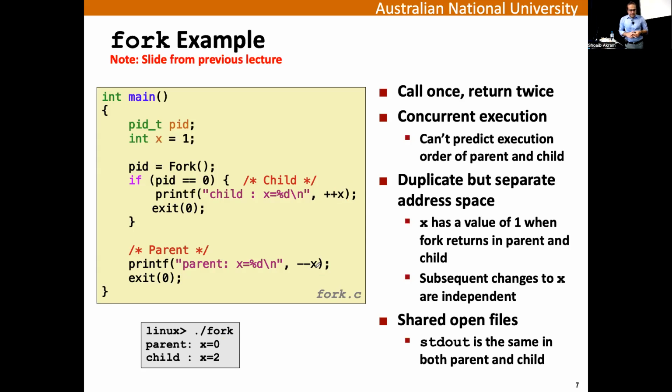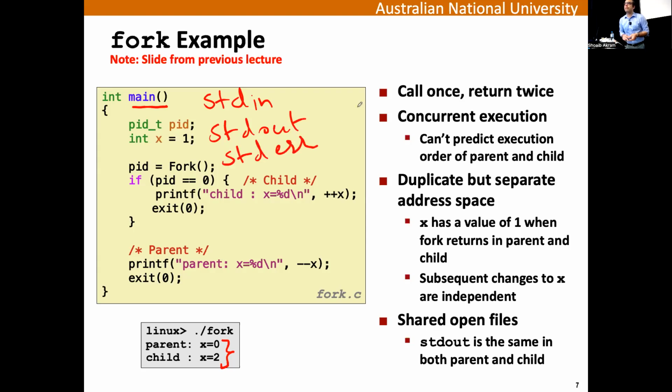Any files that belong to the parent, the child gets to share. The reason the child can print on the screen is because every process has 3 files that are created for it by default: standard in, standard out, and standard error.